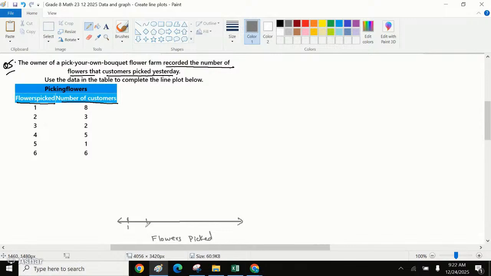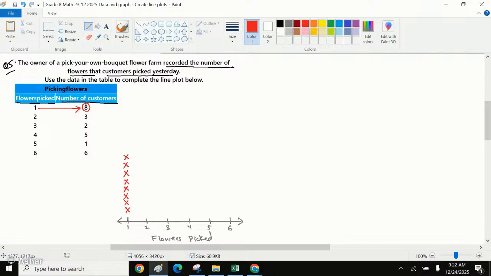So what we can do is 1, 2, 3, 4, 5, and 6. 1 was the minimum, 6 was the maximum. 1 flower was picked by 8 customers. So we make 8 markings: 1, 2, 3, 4, 5, 6, 7, and 8.